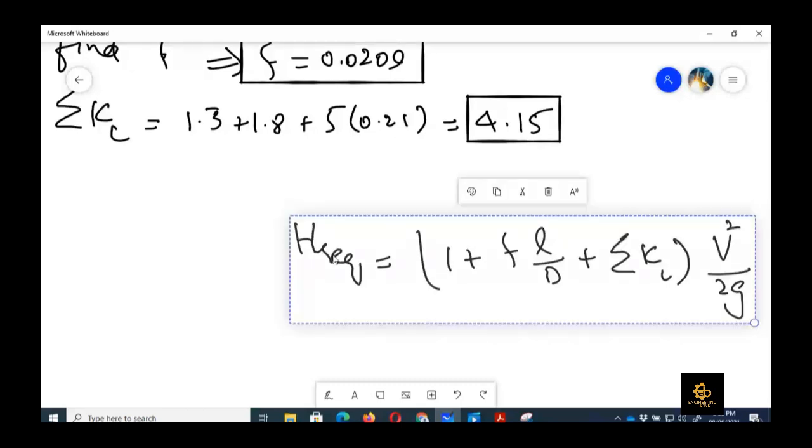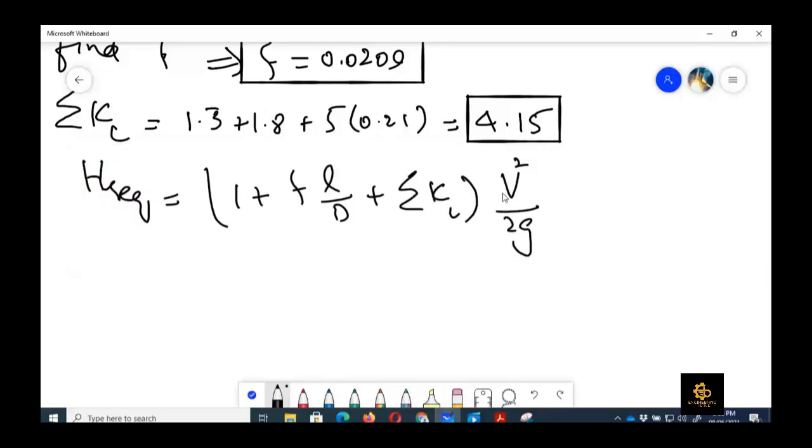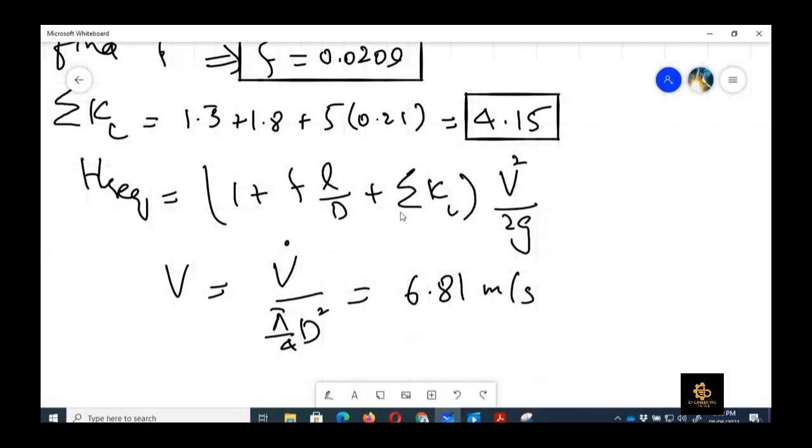We can very easily calculate the velocity, that would be volume flow rate divided by pi by 4 d square. If we calculate that value of velocity, it comes out to be 6.81 meter per second. So we put in the value of friction factor 0.0209, and then the KL value is 4.15. The total length of the duct, what is the total length? That is 44 feet, which is equal to 13.4 meter.